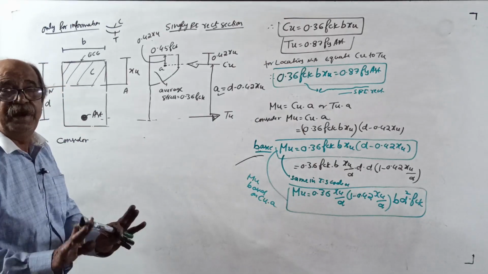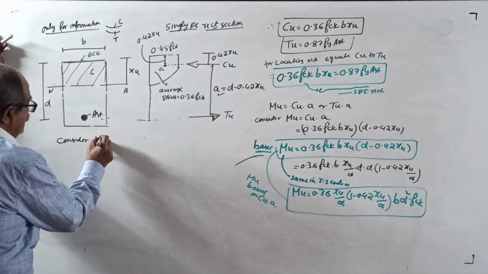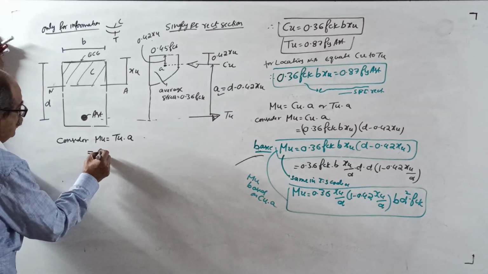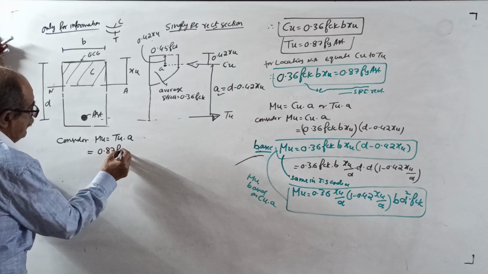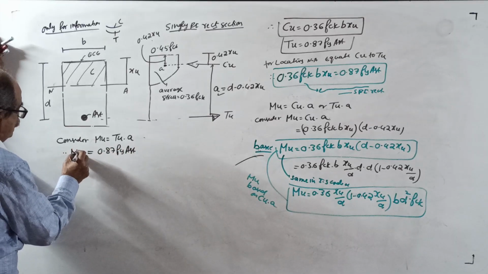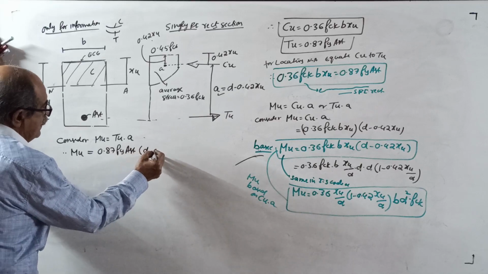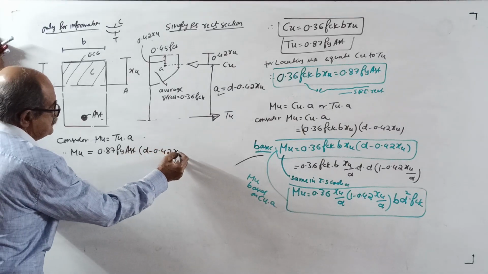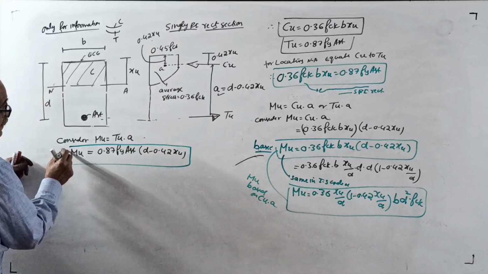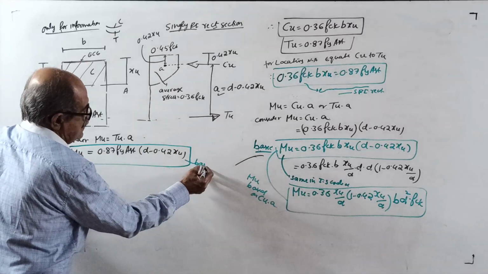This much speed I never take in class. Mu equal to Tu into a. Then Tu is 0.87 fy into Ast, therefore Mu equal to 0.87 fy Ast into d minus 0.42 xu. This is the basic equation.